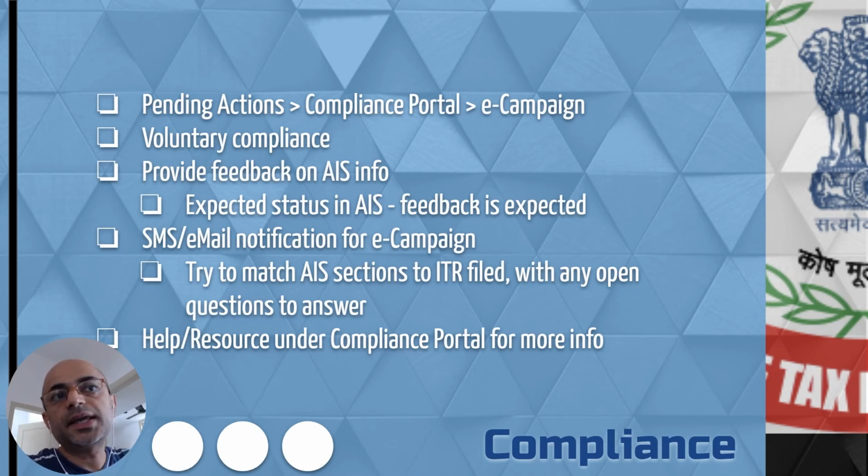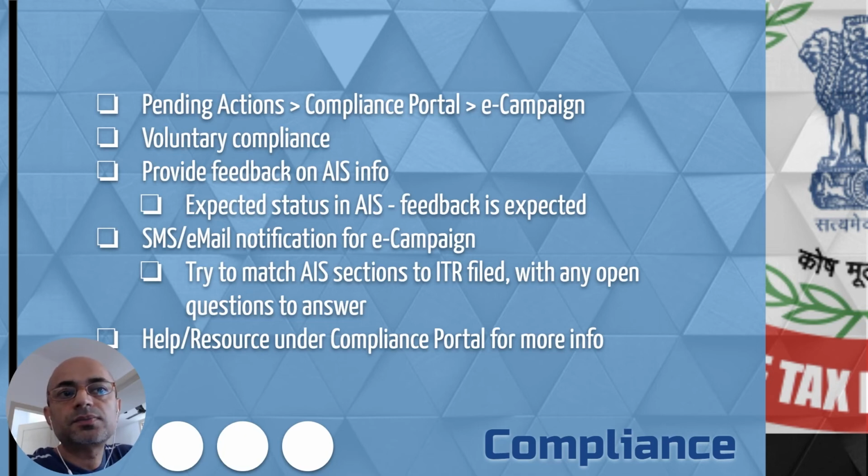When there is an e-campaign created for you, you will get an SMS and email notification to go and check the e-campaign and respond. By default, when you file your IT returns, the IT tool will try to match the AIS sections to the corresponding schedules in the ITR filed.